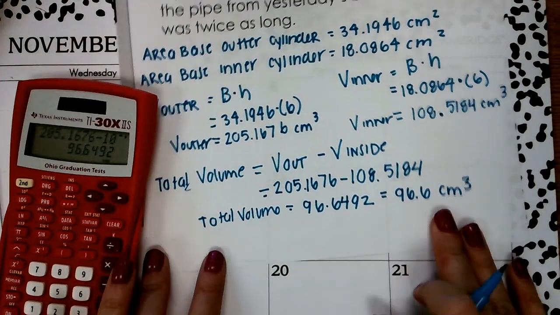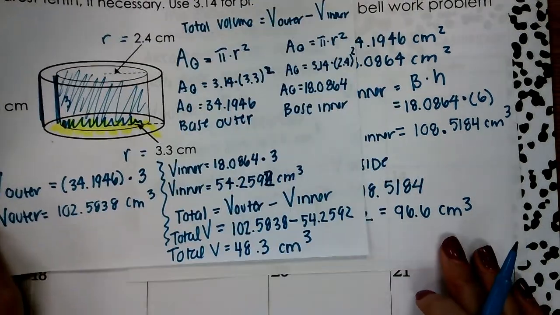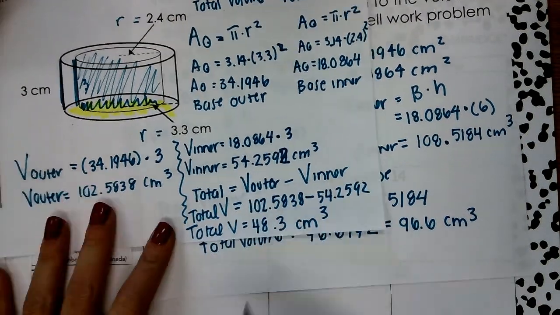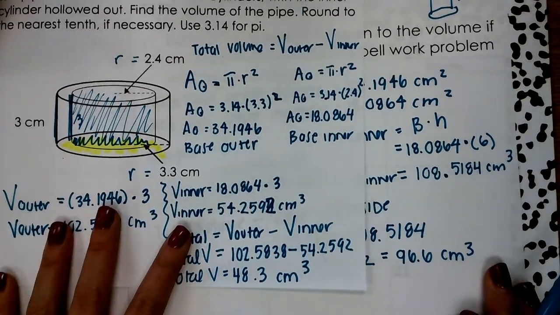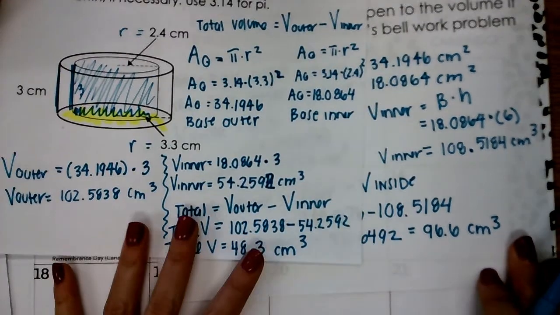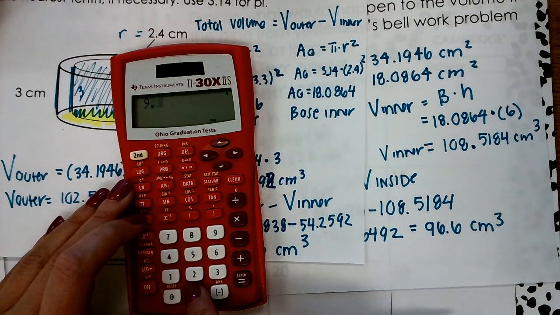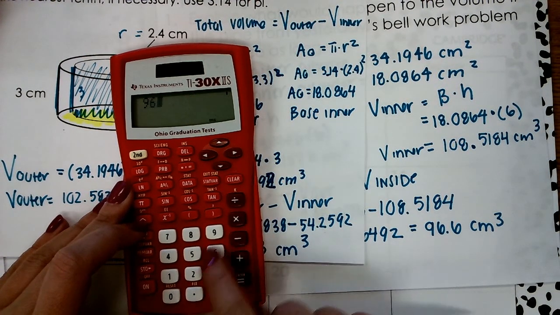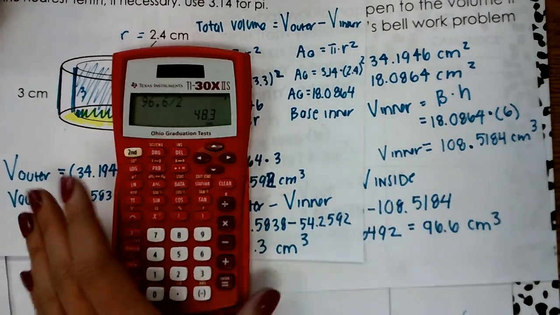We need to figure out how this 96.6 centimeters cubed compares to this 48.3 centimeters cubed. So far we've been saying that it looks like it's doubling, so let's see if it's doubling. Let's take this 96.6 and divide it by 2 to see if we get 48.3. 96.6 divided by 2, look, it's 48.3.